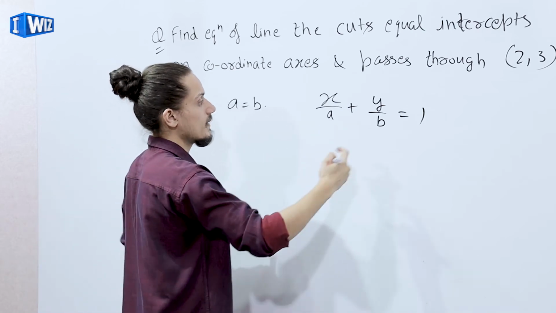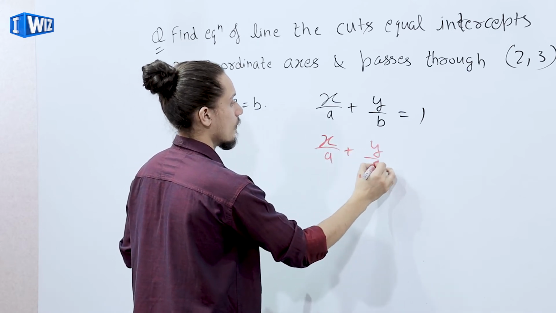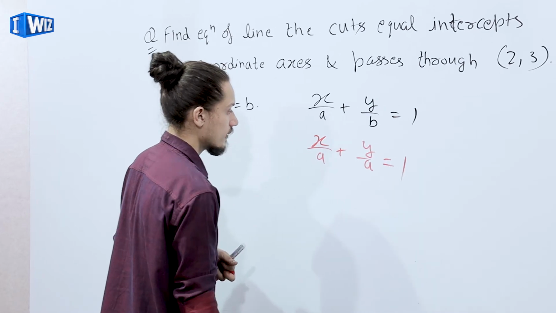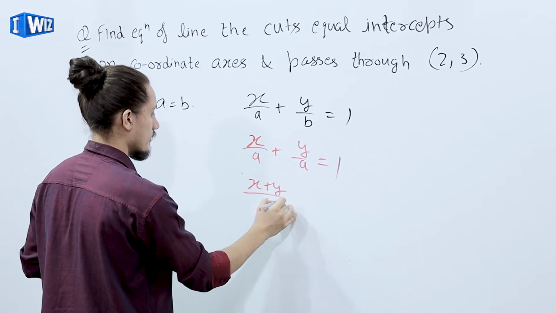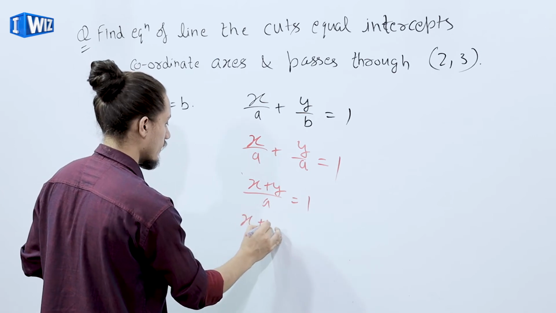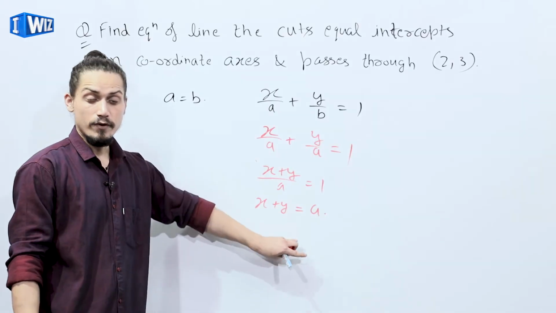Replacing b by a, we get x/a plus y/a is equal to 1, which implies (x plus y)/a is equal to 1, and x plus y is equal to a. This is the equation of line up to here.